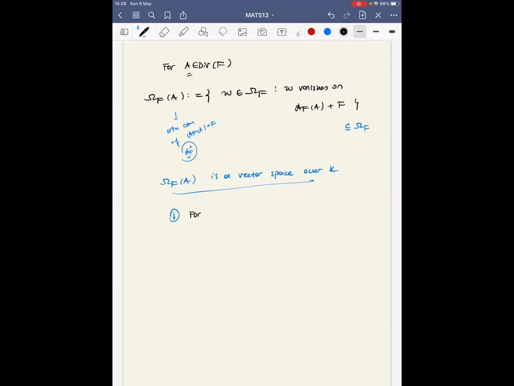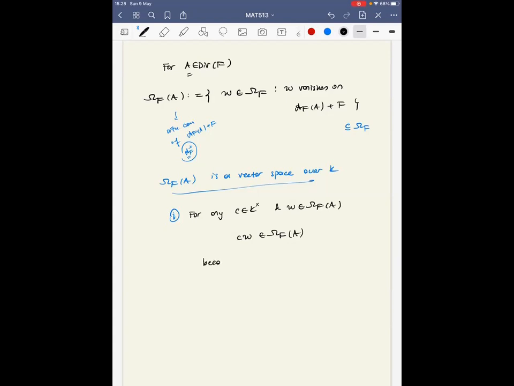More explicitly, for any non-zero constant C and the Weil differential omega from the space of Weil differentials of A, we want to see that C times omega, the multiplication will be the same multiplication we defined when we showed the Weil differentials form a K vector space.